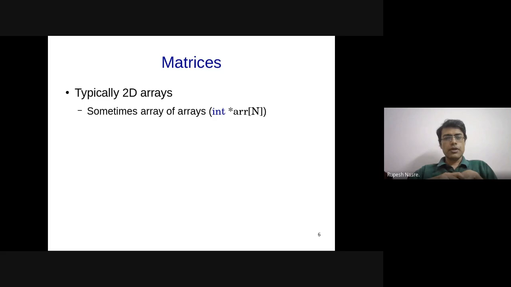By default, if you go through linear search, you are going to require order n square time, or m into n if there are a different number of rows and columns. But is there a possibility that we can do better? That is what we would like to discuss today.